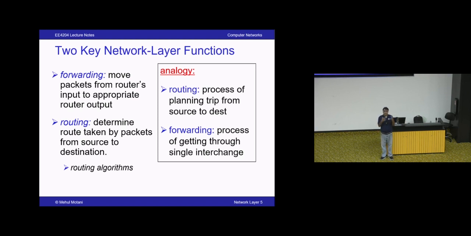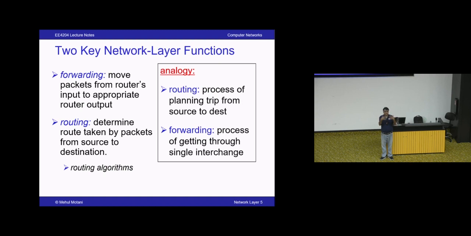Forwarding is the act of taking an incoming packet and deciding which output interface to transmit the packet on. That's forwarding. Routing is deciding what the next hop node is.